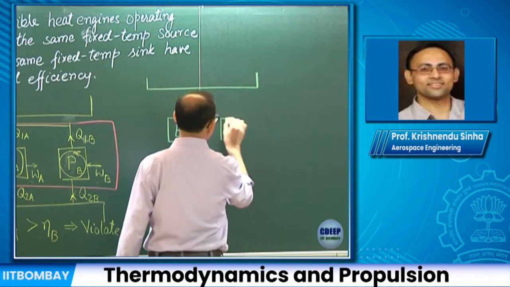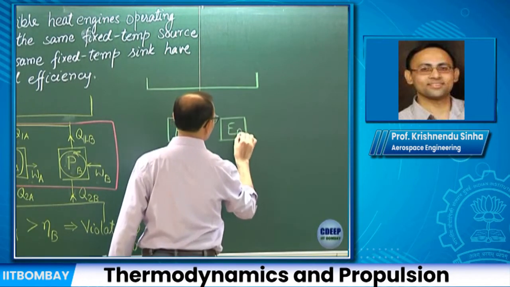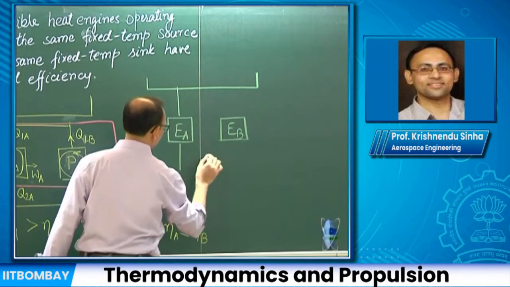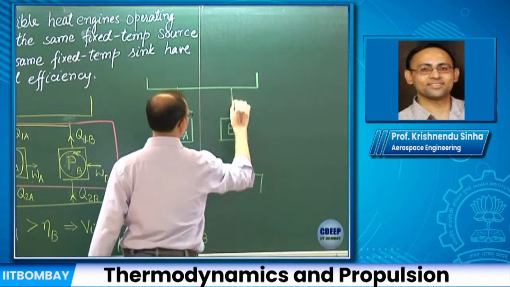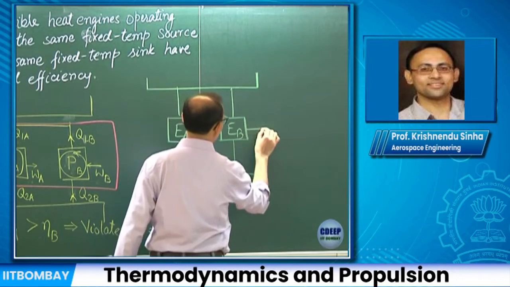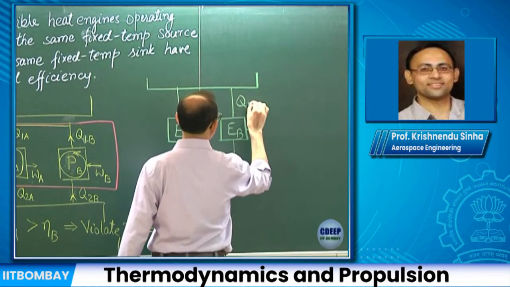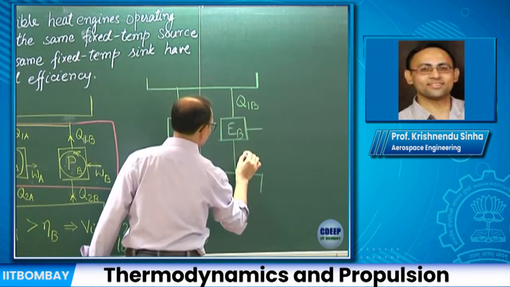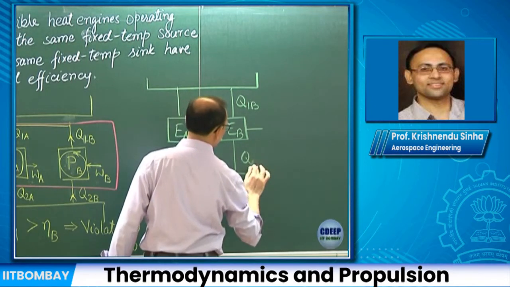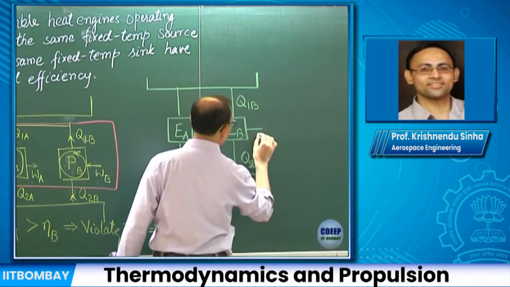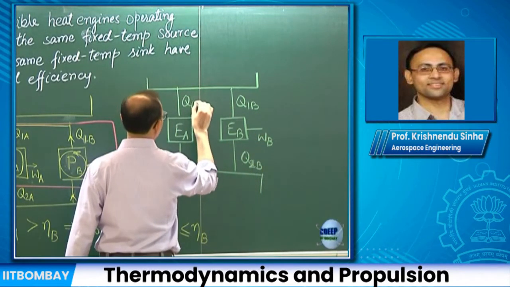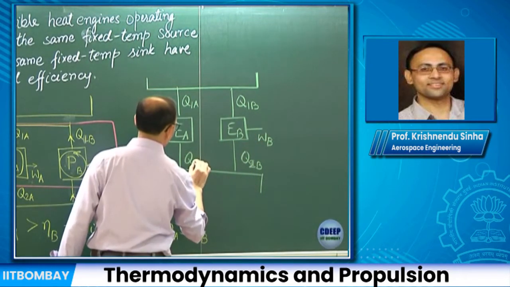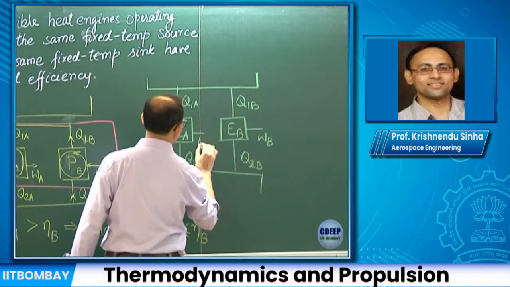Again, we start with the same initial picture. So we say Q1B, Q2B, WB, Q1A, Q2A, WA.